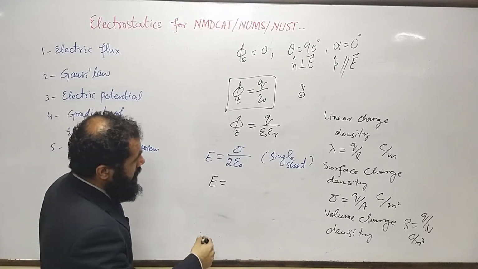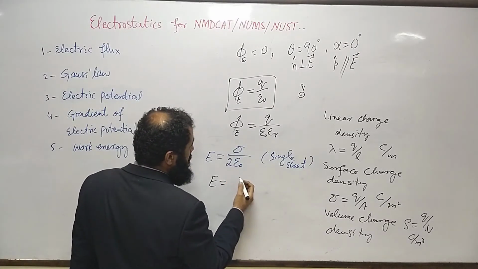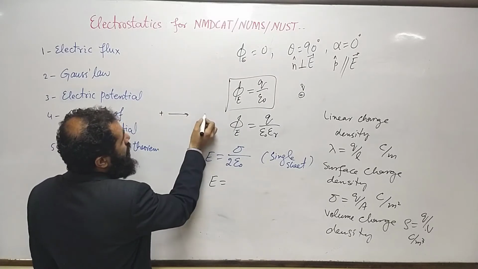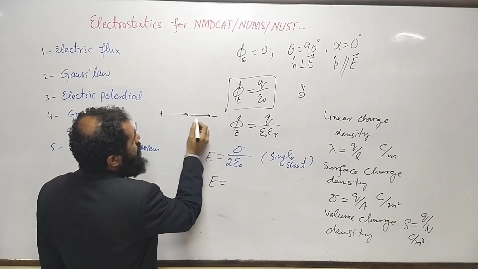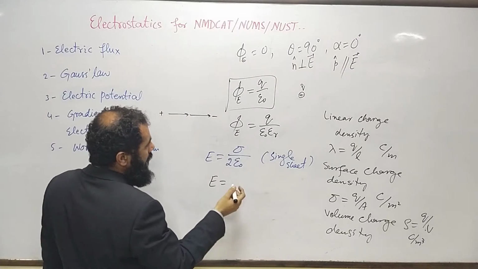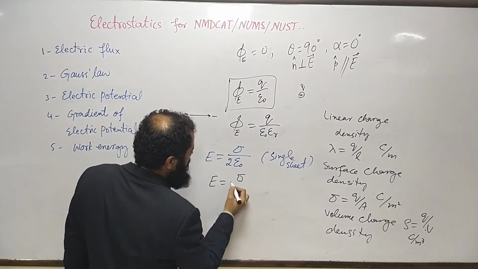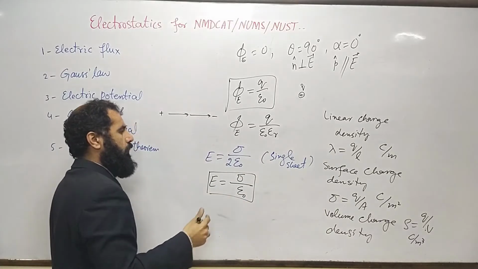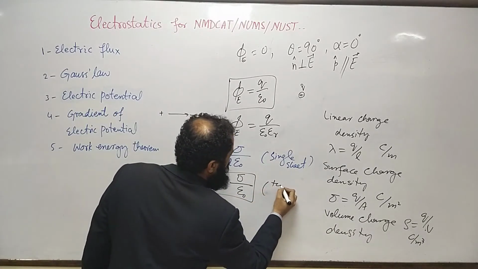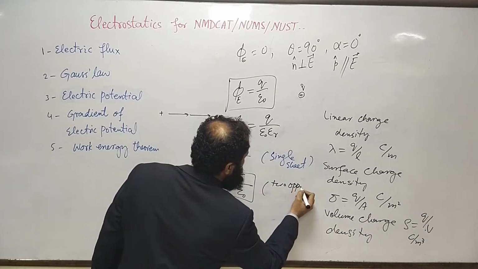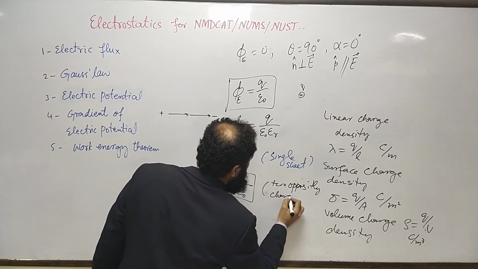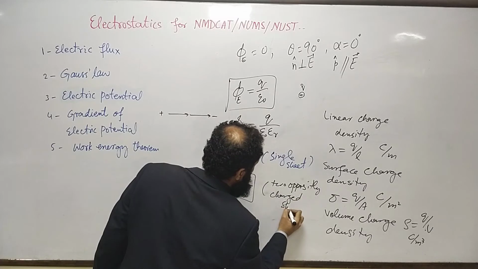Inside those plates, the fields are added because they are in the same direction. From positive they are outward, for negative they are inward, so we add those two, and that's why we have sigma by epsilon naught for two oppositely charged sheets.